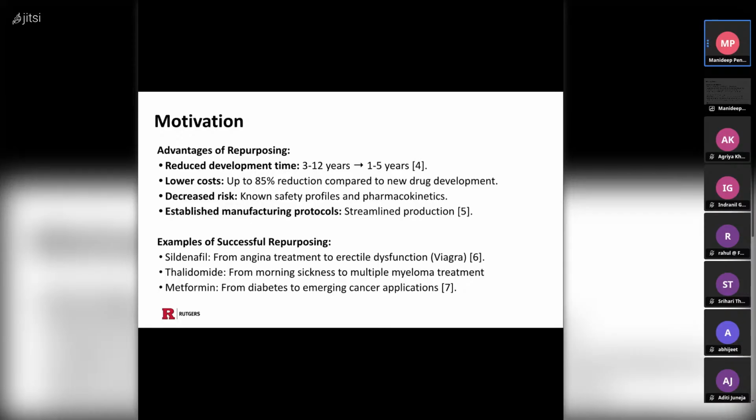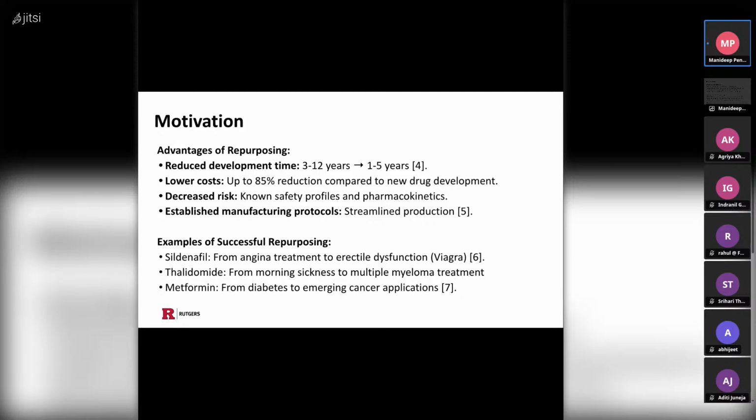It was originally meant to treat older patients with heart conditions, but now it's used for something else. Similar to that, there are many other examples like thalidomide or metformin, which were basically created for a different purpose, but their mainstream use currently is for something else.